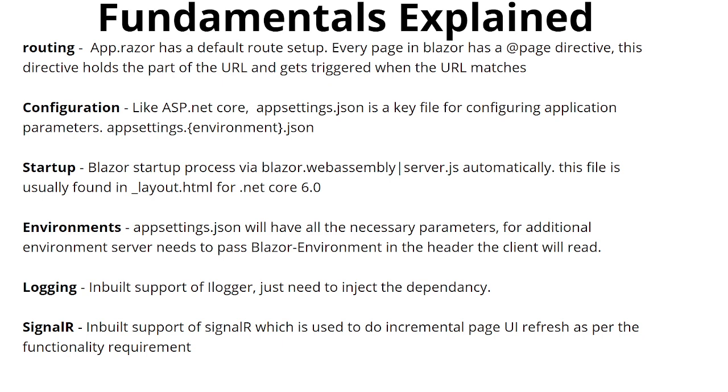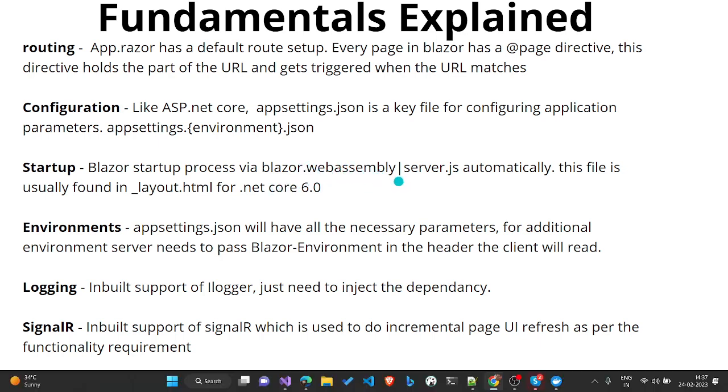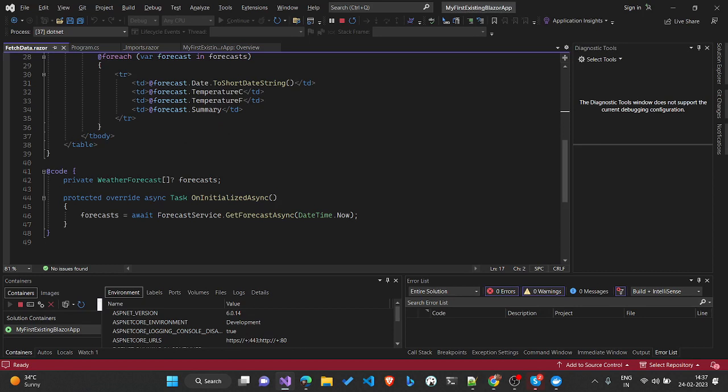This is the standard JavaScript file which does a handshake between the programming language and your JavaScript or browser APIs. For .NET Core 6.0 we have a layout file, and in it blazor.server.js is included. I guess we will see.